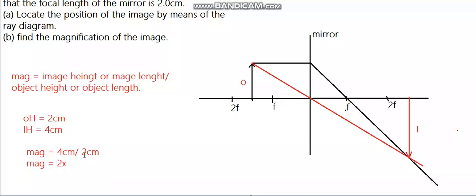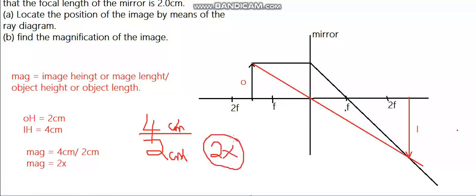Magnification has no units. You can see there's 4 centimeters and there's also 2 centimeters here, so this centimeter and this centimeter cancel. So 4 divided by 2 is 2. And x shows how many times the image has been enlarged by a certain factor, and that factor is 2.